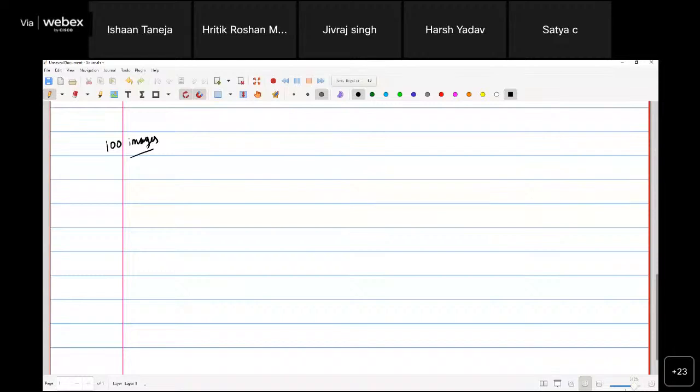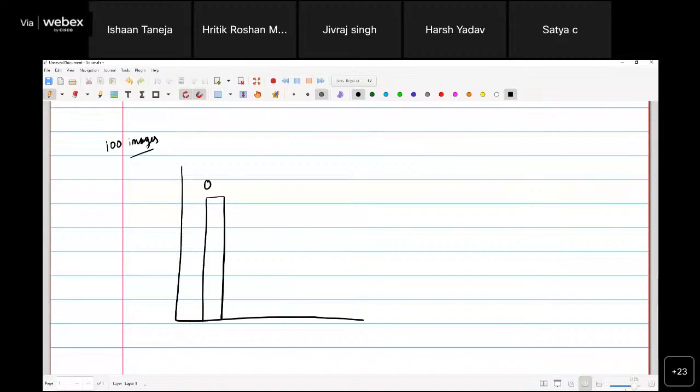You know that you have built a model such that it will predict cat with probability 0.7, dog with probability 0.2, and lion with probability 0.1. Okay, 100 images of cat you have, right? So if you show an image of that cat to your model, it will either predict cat, dog, or lion, and these are the probabilities of it predicting, right?